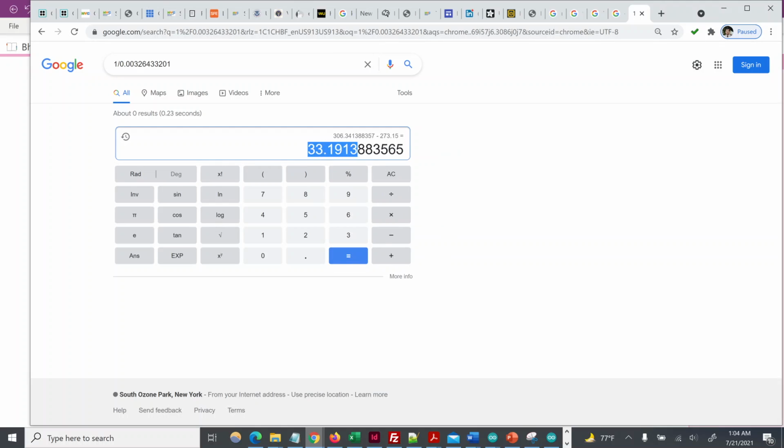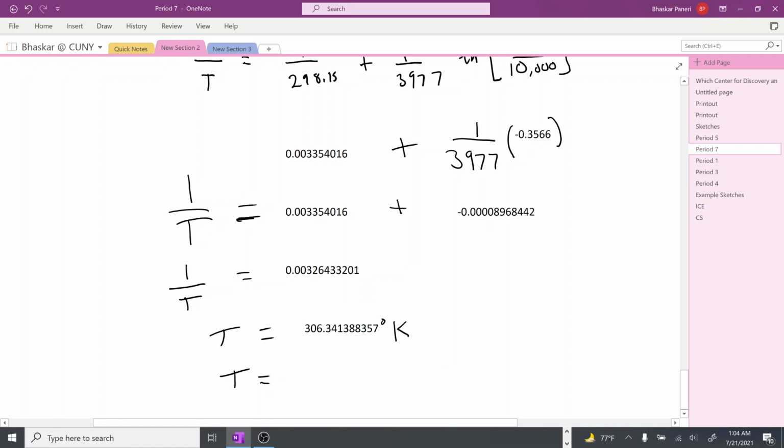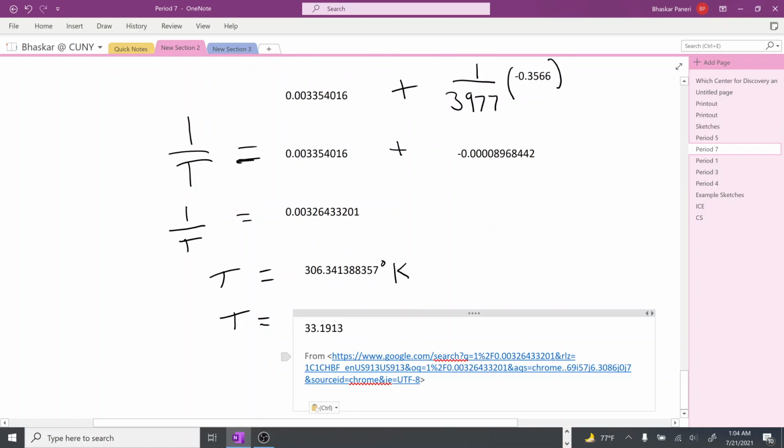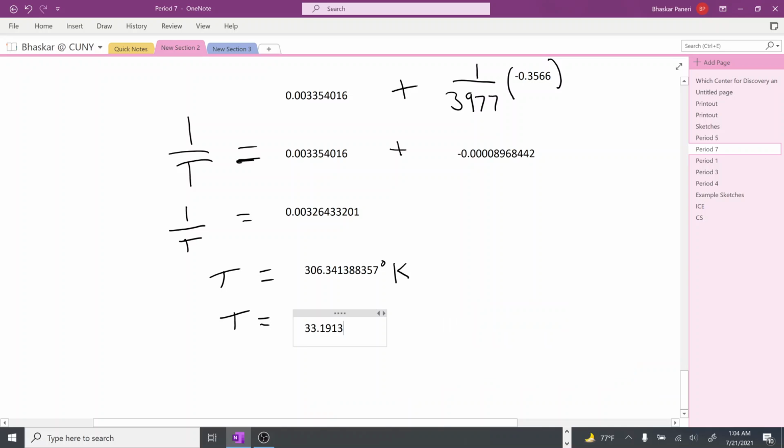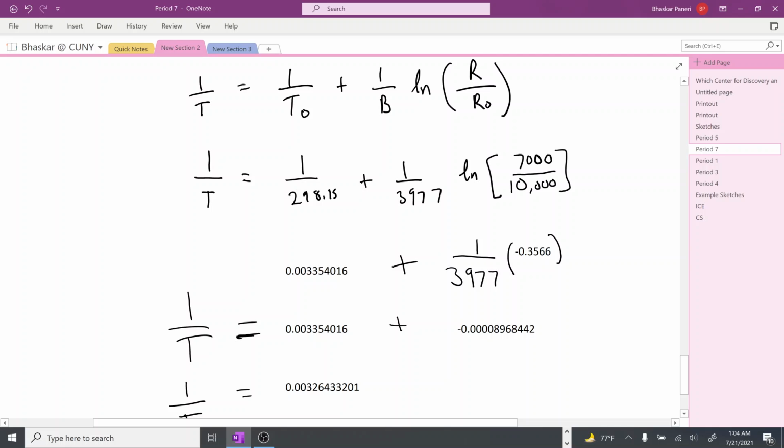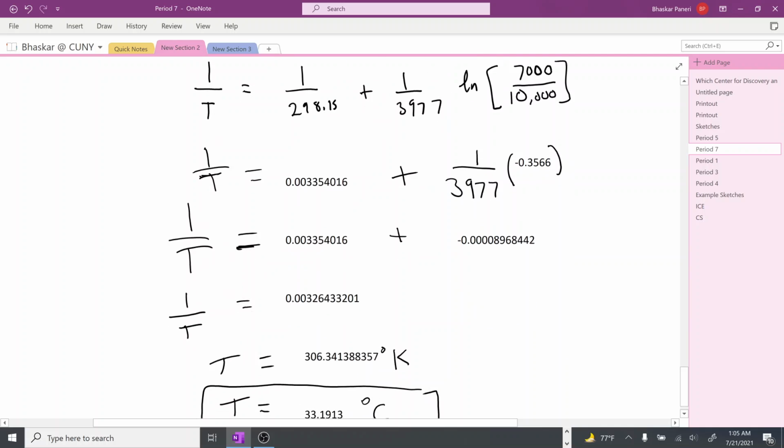That's about right. That temperature looks correct to me. And that's degrees Celsius. So that is the final answer. It looks good. It's supposed to be like that. And that's it.